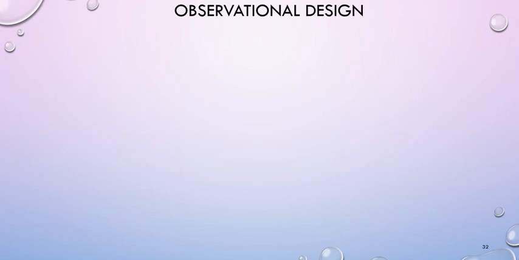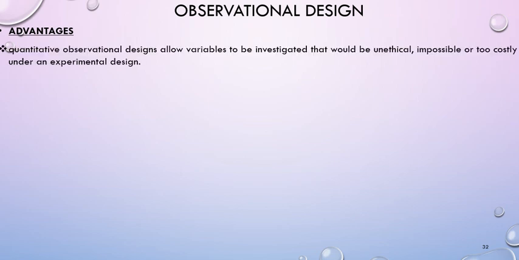Last but not least, we need to discuss advantages and disadvantages of the quantitative observational design. Advantages first. The quantitative design allows variables to be investigated that in every other case could be unethical or impossible or too costly to observe in a lab.